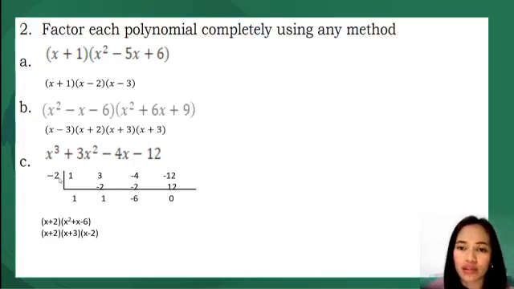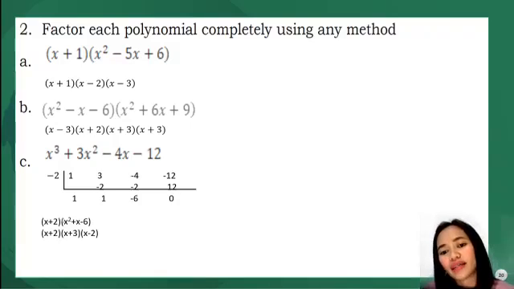So I used the divisor negative 2. Bring down 1, multiply it with negative 2 to get negative 2, 3 minus 2 is 1. Then 1 times negative 2 is negative 2, add, so we get negative 6. Negative 6 times negative 2 is a positive 12, and negative 12 plus 12 is 0.